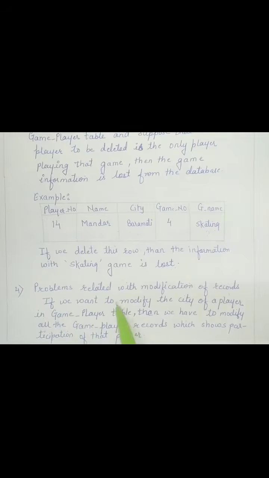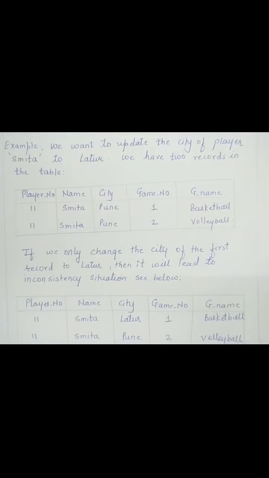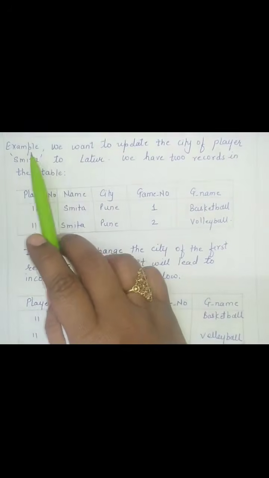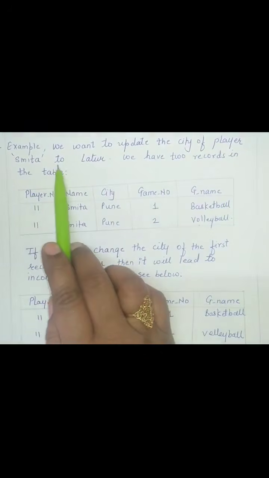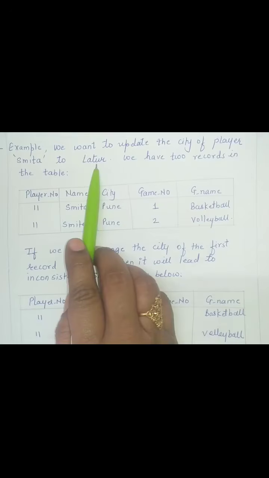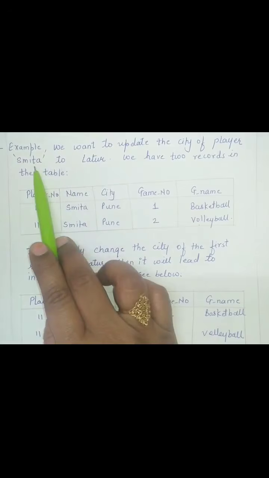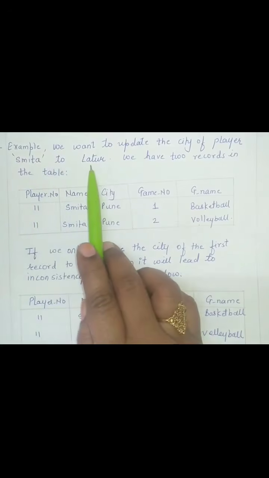If we want to modify the city of a player in the game player relation, then we have to modify all the game player records which show participation of that player. Let us understand with an example. We want to update the city of the player Smita to Latur. We are trying to modify the city of Smita to Latur.